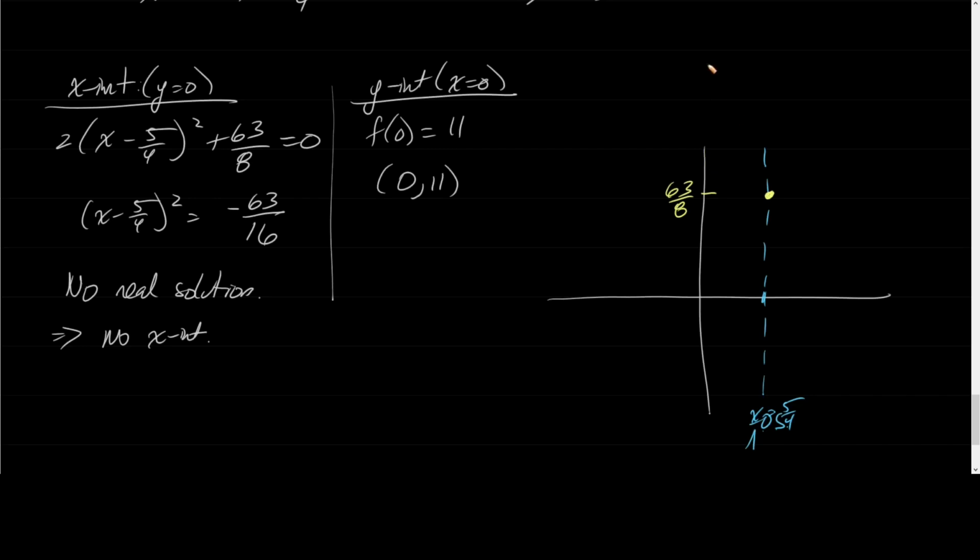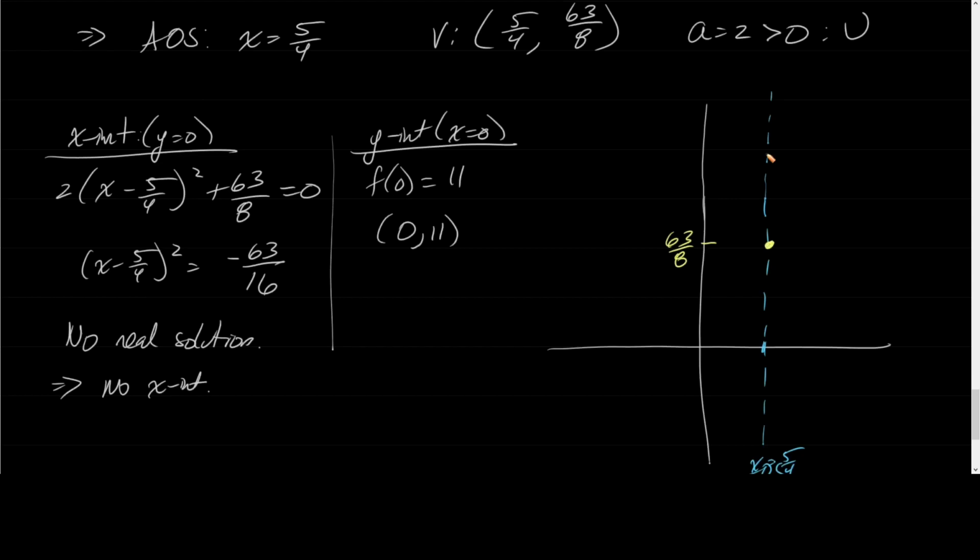Now, in here, we have our parabola opening upwards, right? And we have our y-intercept. So it's a parabola that opens upwards, so it's going to look something like this. Let's change that color. Something like that, all right? A parabola that opens upwards.